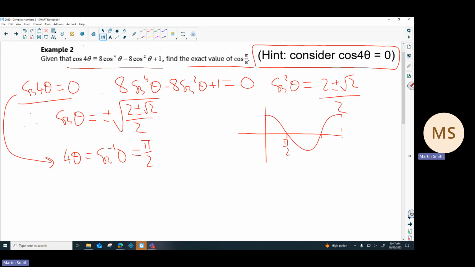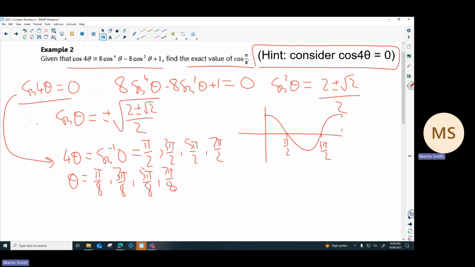That point is 2 pi, so that point is 3 pi over 2. And then it repeats every pi after that. So it's pi over 2, 3 pi over 2, 5 pi over 2, or 7 pi over 2. So consequently, theta must be pi over 8, 3 pi over 8, 5 pi over 8, 7 pi over 8. That's divided then by 4.